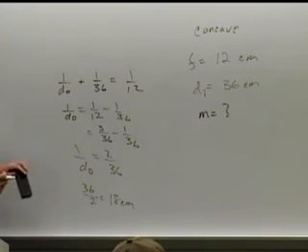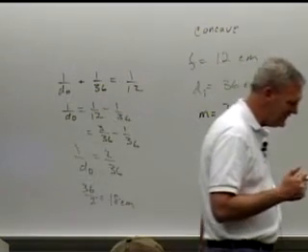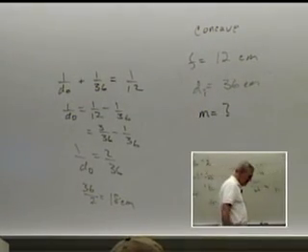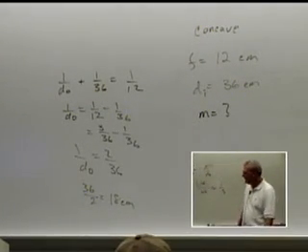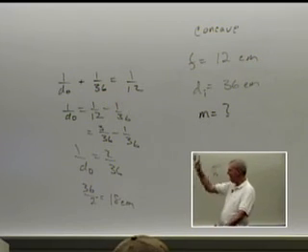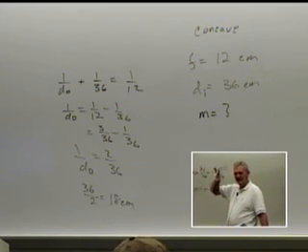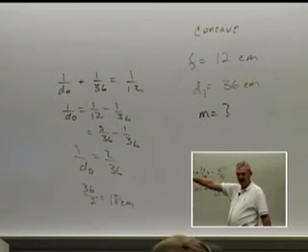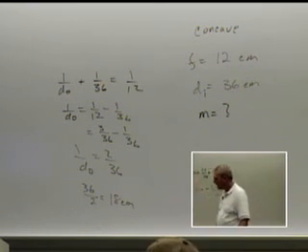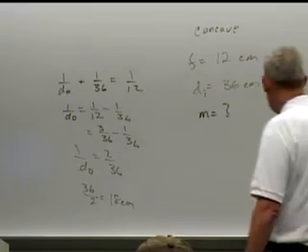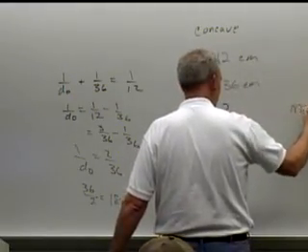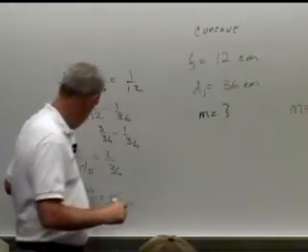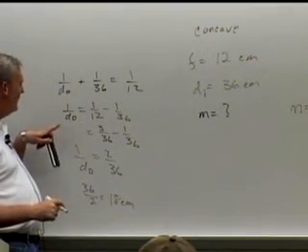All right, so this is one of those ones that was kind of strange. The image is actually behind the object. And it's probably upside down and bigger. Let's check and see. The magnification is equal to negative DI over DO.